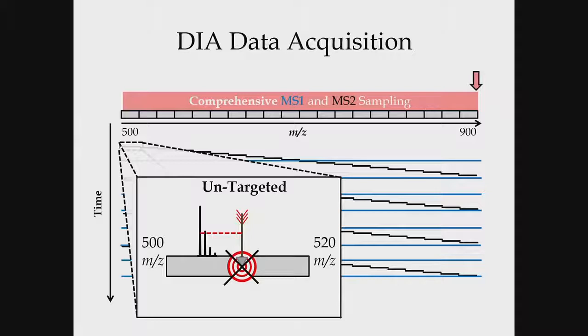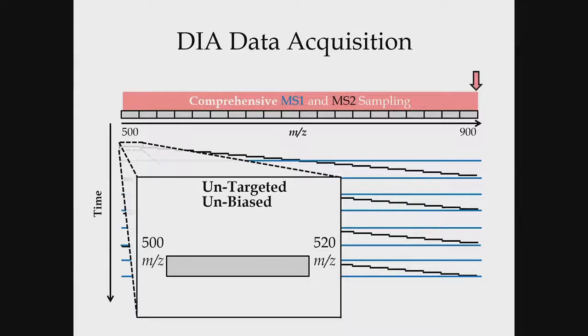In DIA, our targets could actually be off to the left of the center of the window or to the right of the window. It doesn't really matter as long as it's in the window somewhere. Now, this does have some extra complications as far as the isolation window, but we can talk about that later if people have questions.